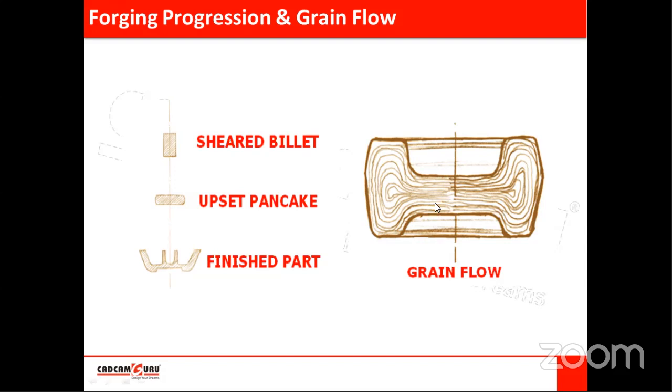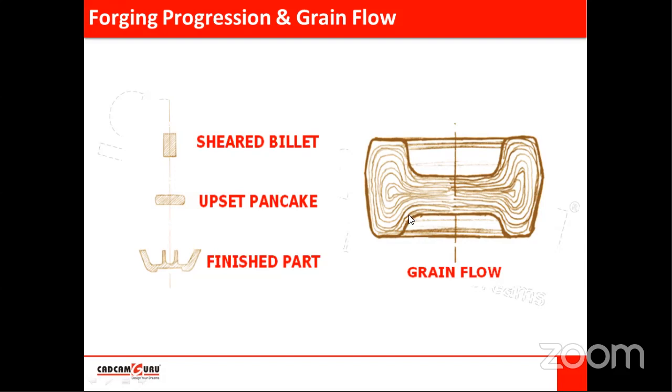Here you can see grain flow, how the material is flowing inside the cavity. When we press the metal, due to the die pressure, the material flows like this. These flow lines are again important. If these flow lines intersect with each other at a lot of locations, then the strength is very low. They should be parallel to each other.